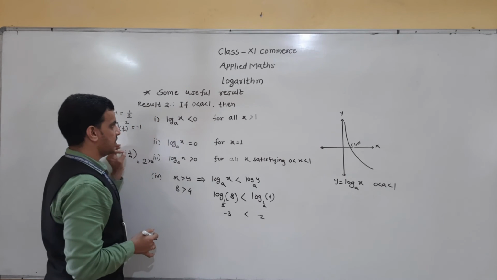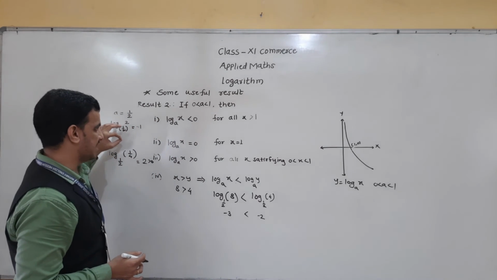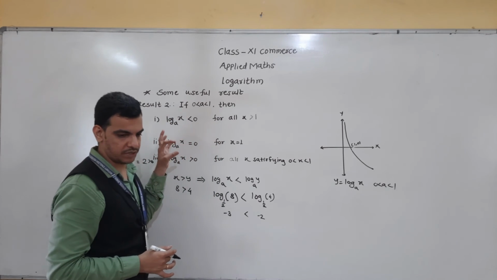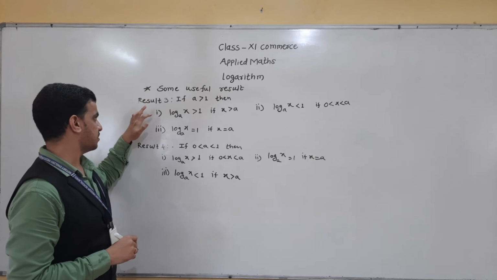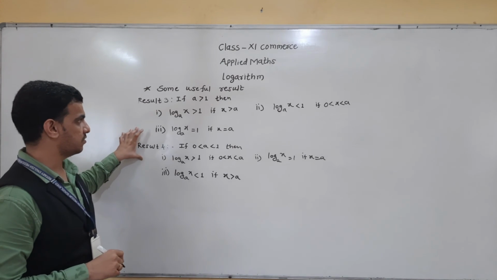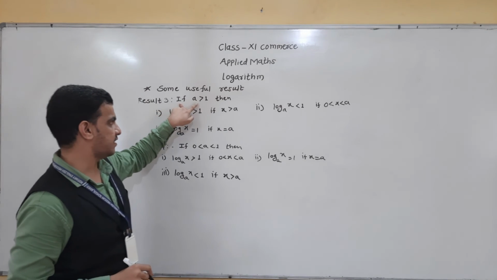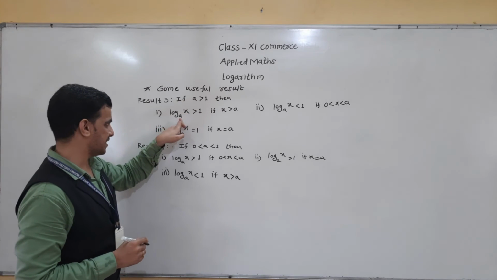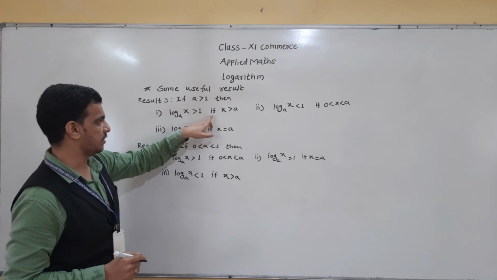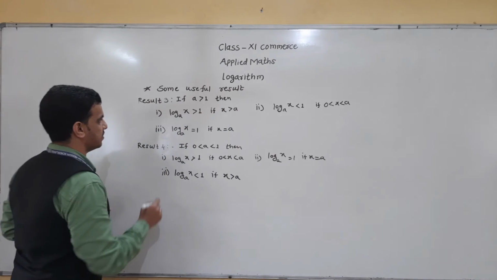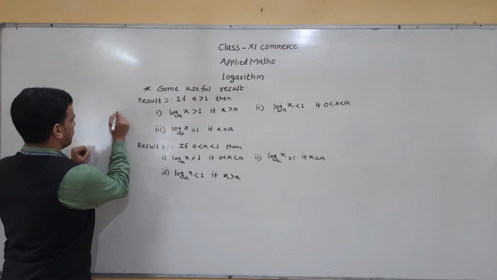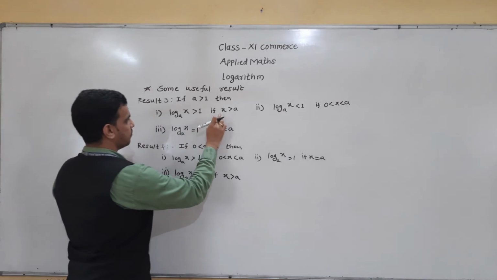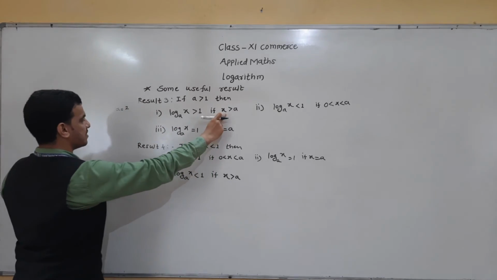Then we will discuss natural log and common log. Now we will discuss the third and fourth results. If a is greater than 1, then log x to the base a is greater than 1 if x is greater than a.